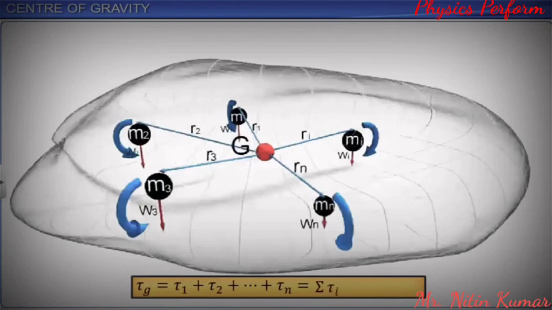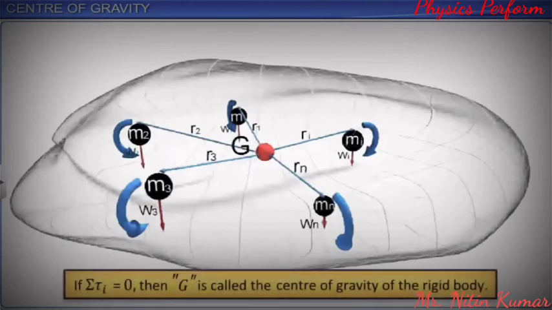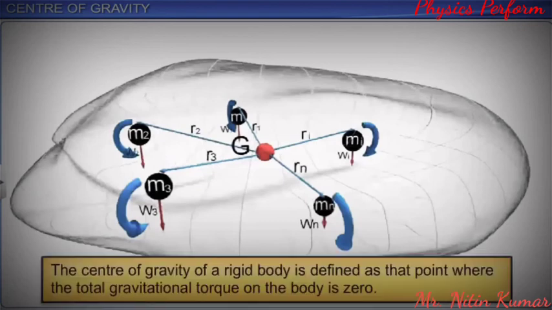If the point G is such that sigma tau i is equal to 0, then G is called the center of gravity of the rigid body. The center of gravity of a rigid body is defined as that point where the total gravitational torque on the body is 0. The weight of a rigid body is the sum of all these small weights and acts through its center of gravity.